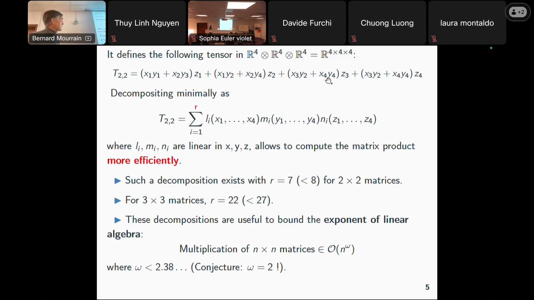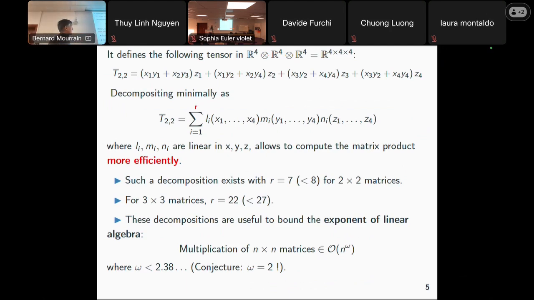These 8 products that we have. But this tensor has a rank which is 7, so you can write it with 7 terms here. And so you save 1 multiplication when you do that. And if you are able to save a multiplication, you can also improve the complexity of multiplying.